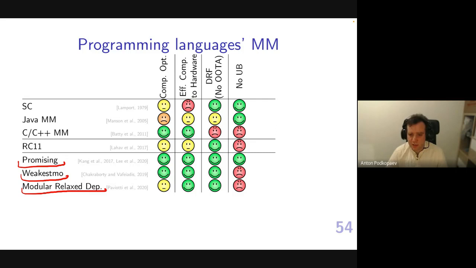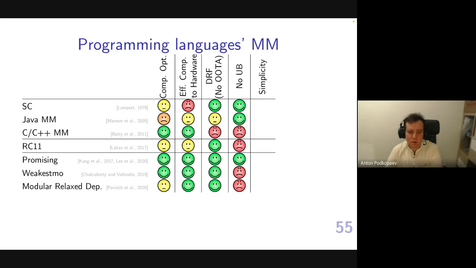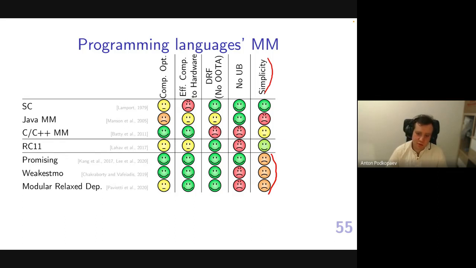Probably we'll discuss them in some other talk at the seminar. But the problem with these models is that if we introduce one more criterion, simplicity of the model, then we would realize that these models are quite bad in the sense that they are quite complicated and very different to the memory models which are already there.